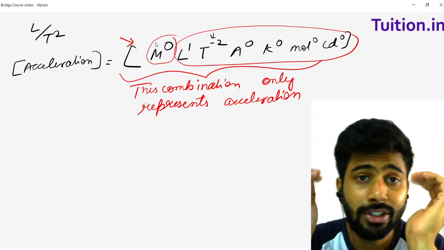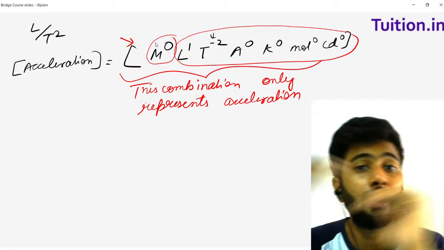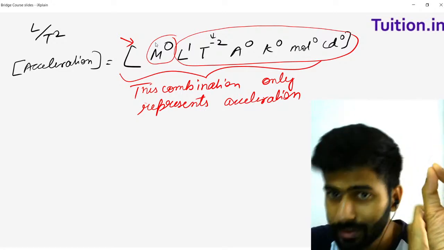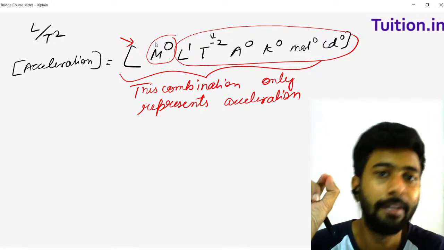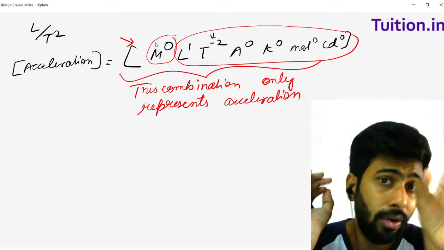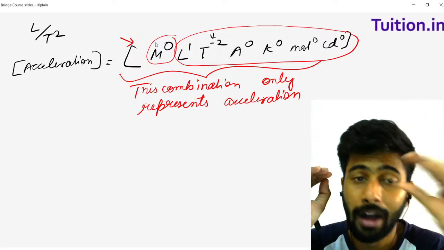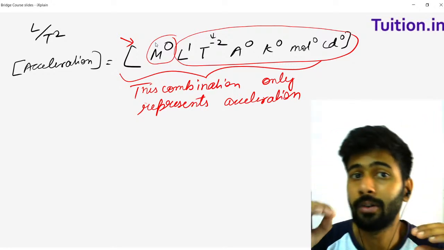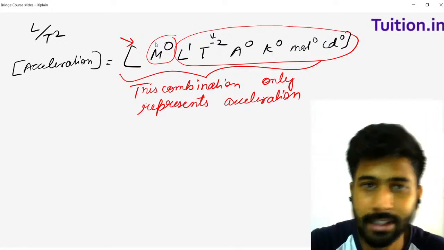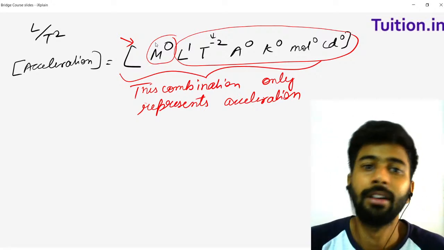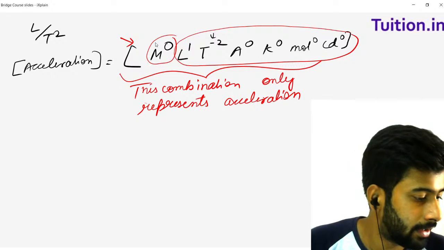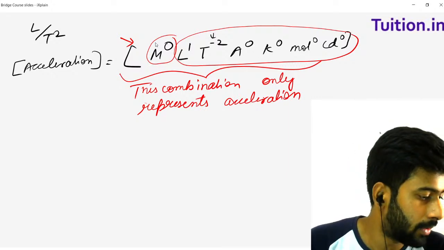Whenever you look at dimensions of one physical quantity versus another, there will be at least one difference between the powers of one of these 7 fundamental physical quantities. And if there is no difference between the powers of the 7 fundamental physical quantities of 2 physical quantities, then both these physical quantities have to be the same. They can't be different. That's the point, right? So I hope people were able to understand.